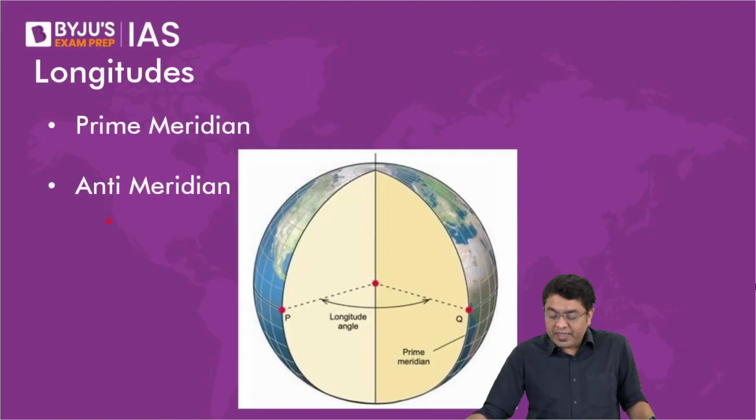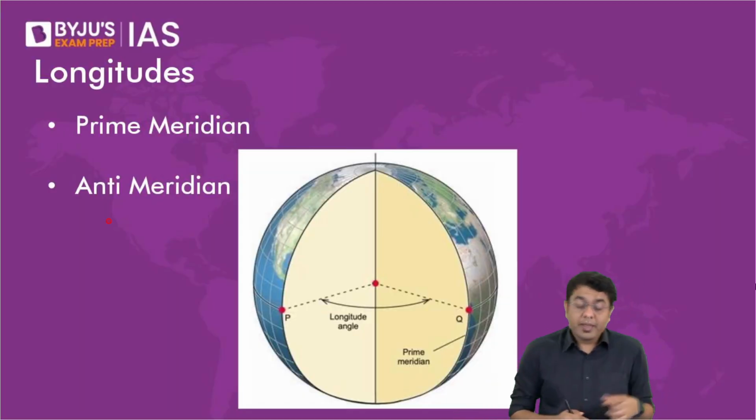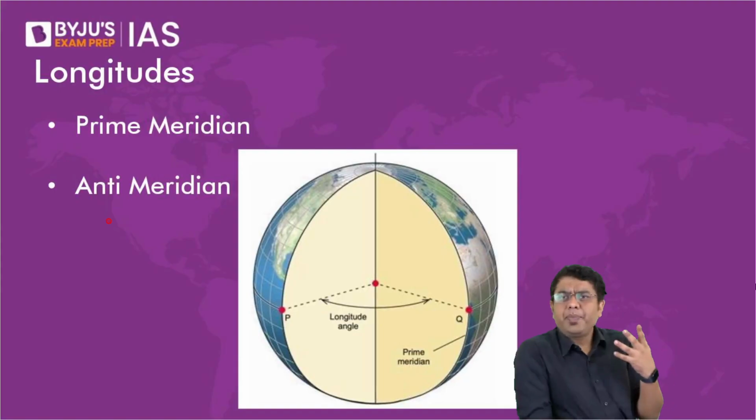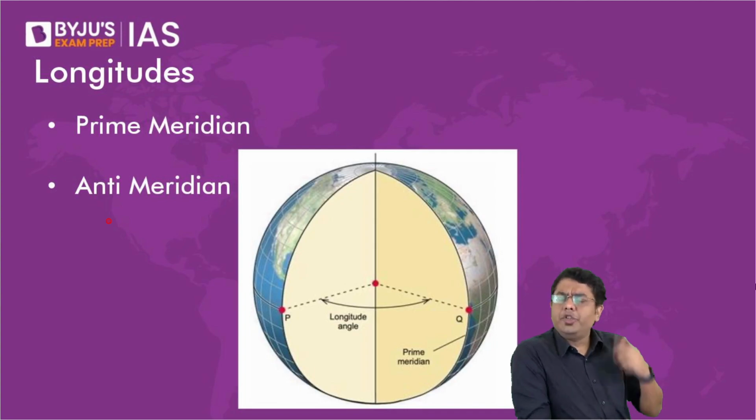Now, then we come to the longitudes. Basically, the need was felt to keep a reference time, because someone in China might say that at 5 p.m. this will happen.